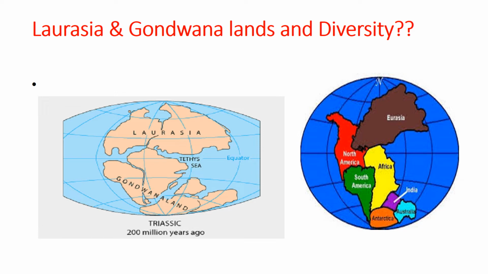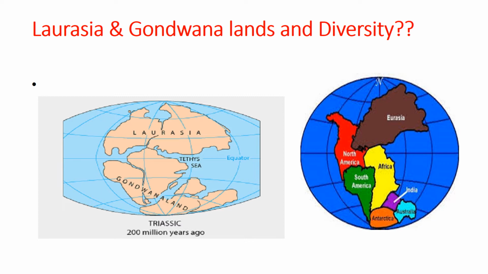Eurasia further converted into Asia and Europe, and Gondwana converted into four continents, which were Australia, Antarctica, South America, and Africa. These four continents were produced by the Gondwana land.